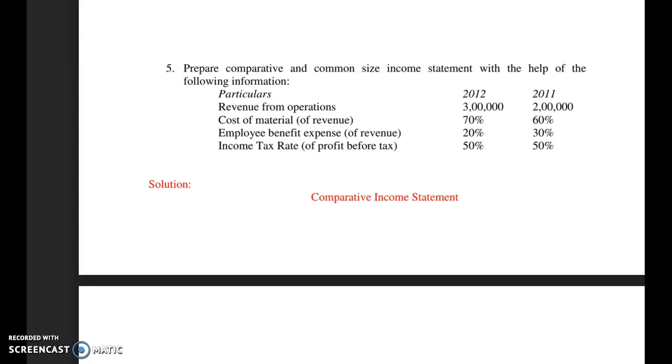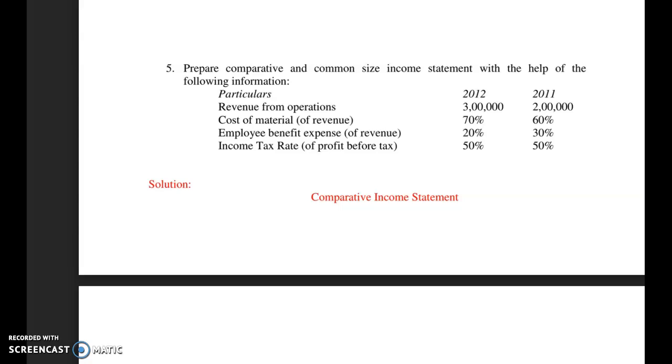Here the base year is given later and the current year is given first. So first of all, we rearrange them so that the base year 2011 figures will be taken first, followed by the current year 2012 figures.